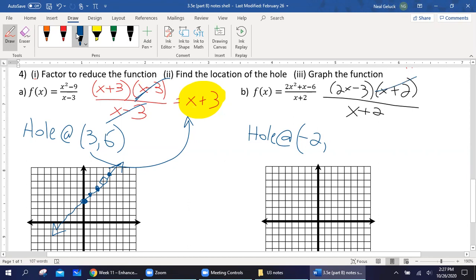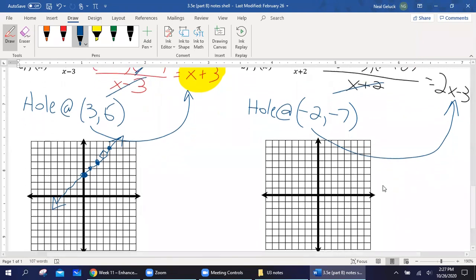Again, I have to reduce that out, leaving me with 2x minus 3. Now, if I pop -2 into this, 2 times -2 minus 3, that's going to give me -7 for the y coordinate. So I know this has a hole at back 2, down 7, which again is just a little open circle.